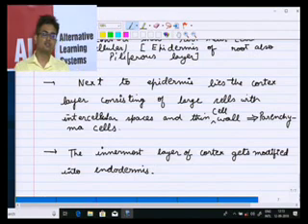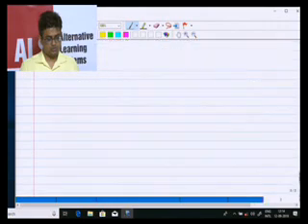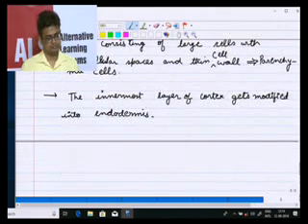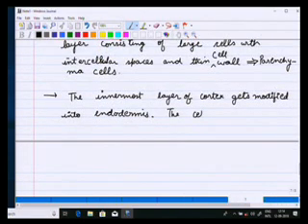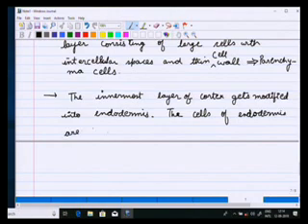Endodermal cells are barrel shaped. The cells of endodermis are barrel shaped.